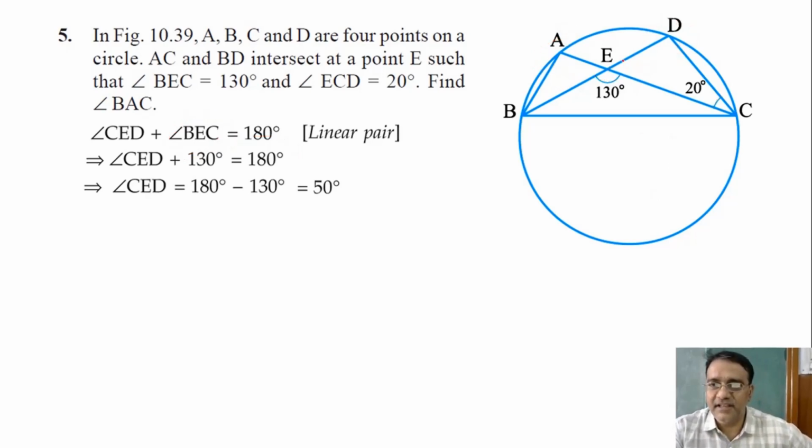The other way is that we got this angle as 50 degrees. Okay, this angle is 50 degrees, and this will also be 50. Right? This angle is also 50 degrees. Yes, sir. And this angle is 20 degrees. Why?